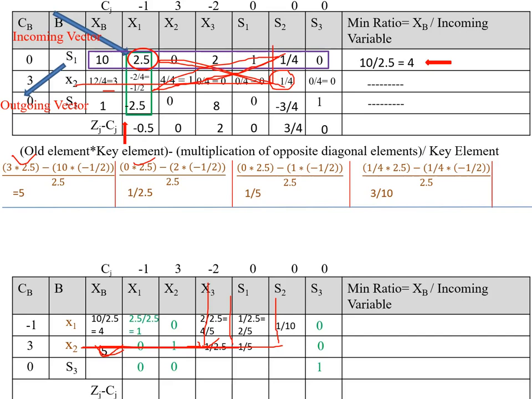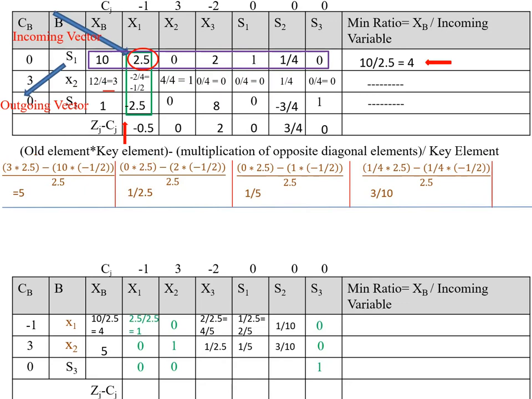Similarly, multiplication of the opposite diagonal elements, that is the 1 by 4 into minus 1 by 2, divided by key element, that is the 2.5. So value we will get the 3 by 10. So enter the 3 by 10. Similarly, you have to modify the remaining values for the third row. One minute, I will erase all the marking here.